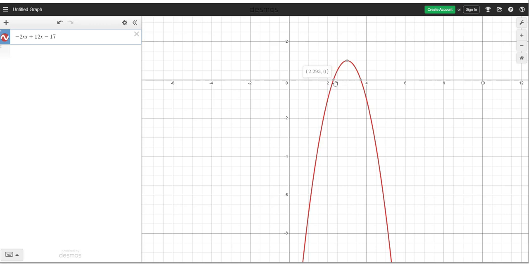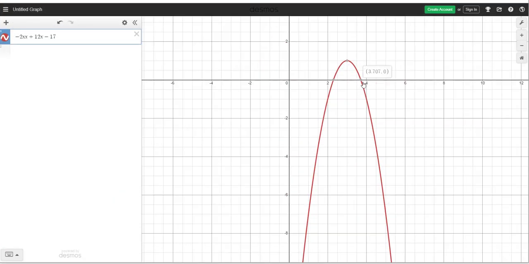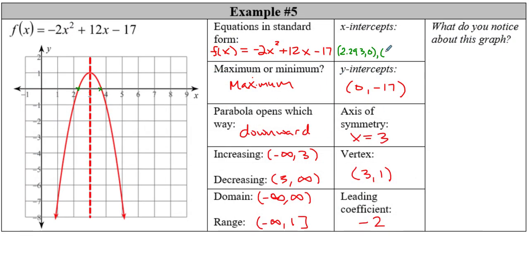So this is giving us an x value of 2.293. So let's go ahead and write that one in. So we got 2.293 comma 0, and then we're going to have our second one, which is 3.707.